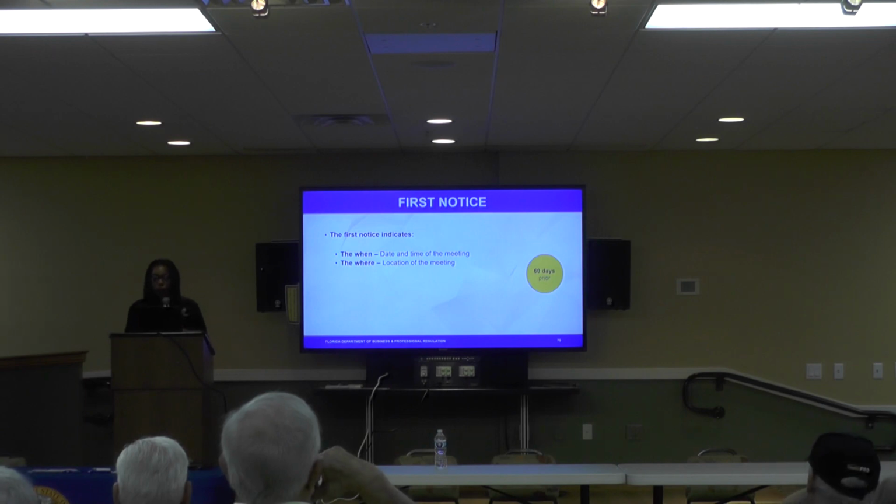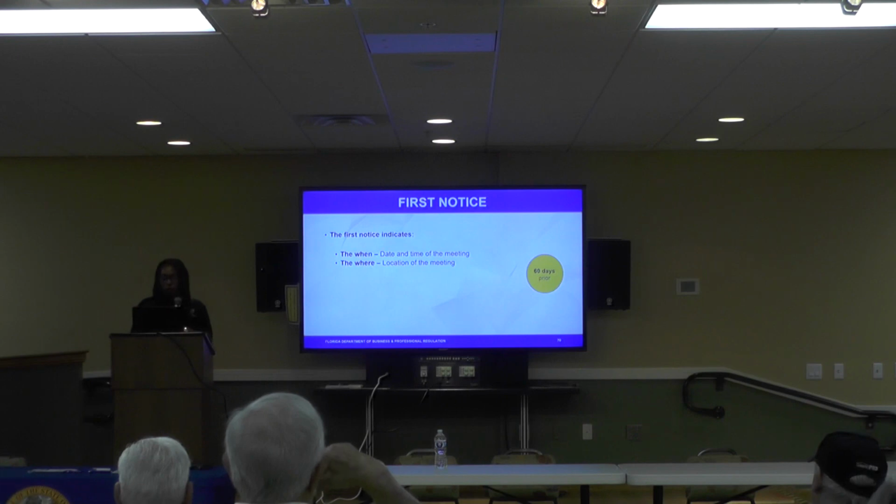The first notice indicates the when by telling us the date and the time of the meeting. It also indicates the where by providing the location of the meeting. Remember, this notice is sent 60 days prior to the election. It is also important to know that the election must be held at the same day and same place as the association's annual meeting.